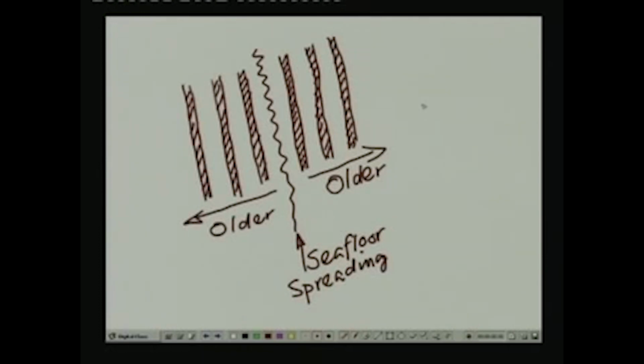So that was in fact a very good explanation of this observation, in which stripes of different polarities of magnetic minerals were observed on the seafloor rock mass.